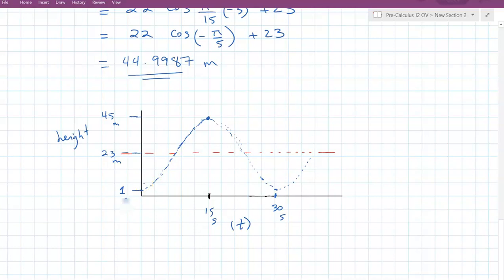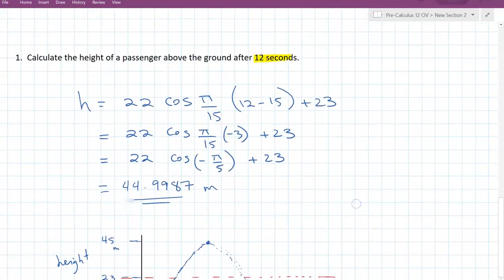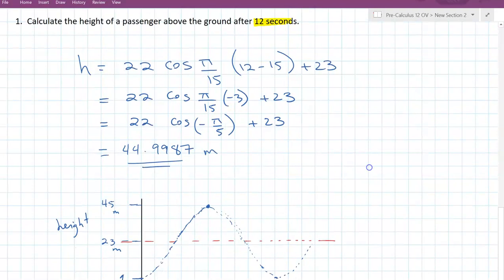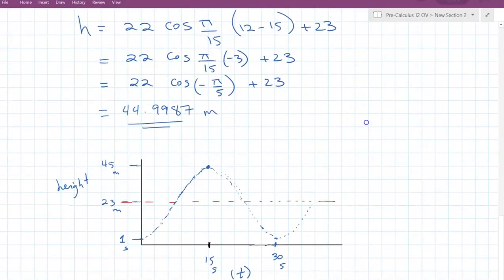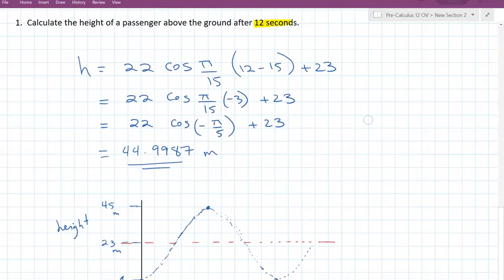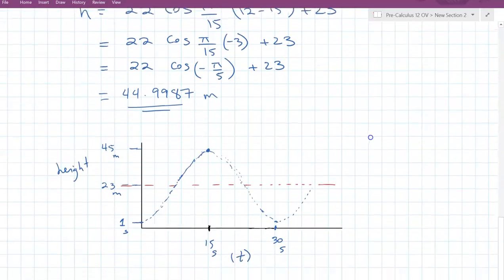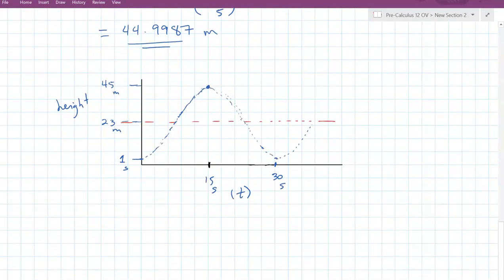Now, is this the only equation for this scenario? No, it is not. You could use a sine function. You just have to shift the cosine function by a quarter of the period. In this case you could easily get a new function that looks like a sine function.